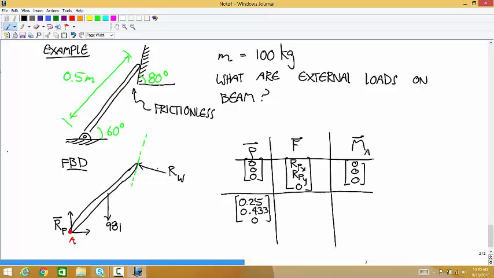Now we need to come up with that force vector. How are we going to do that? For me, I think the way I would do that, if that's the coordinate system, I would first think of a vector that's parallel to this dotted line pointing up, because we know the angle from the horizontal to that is 80 degrees.